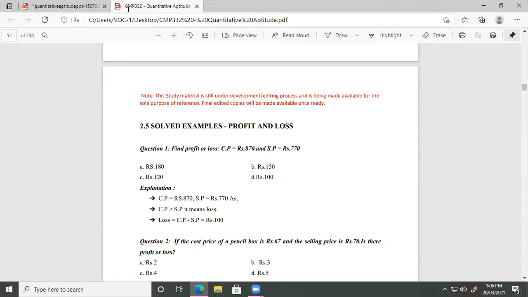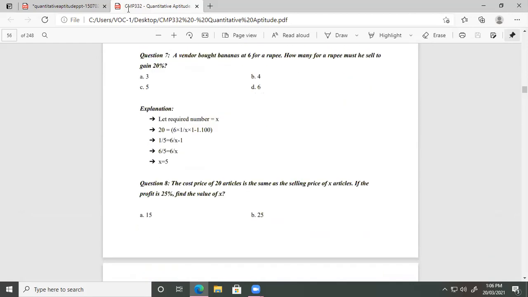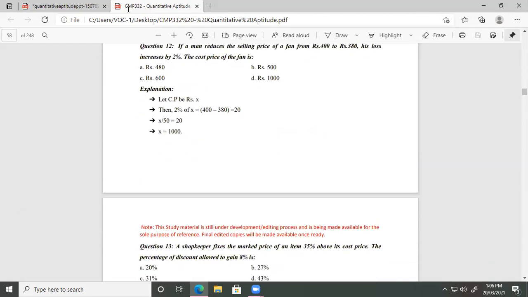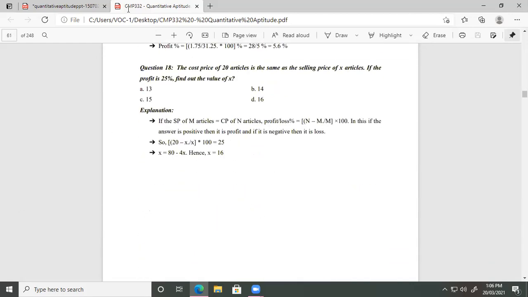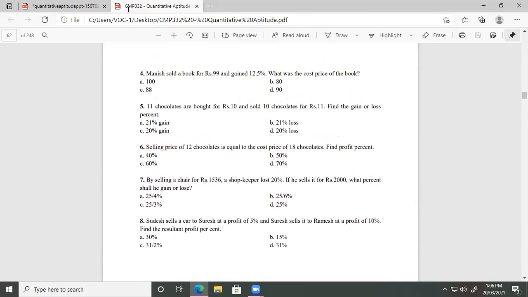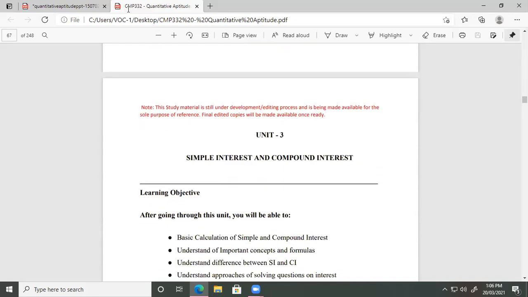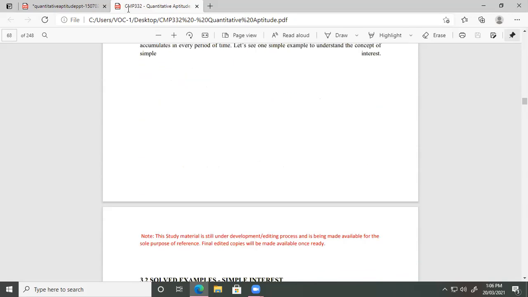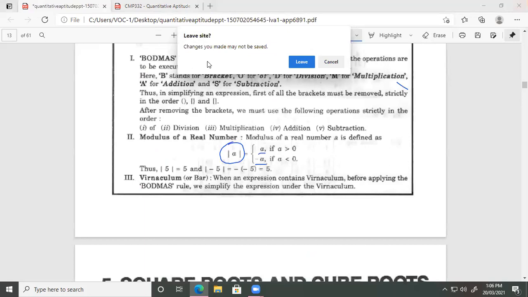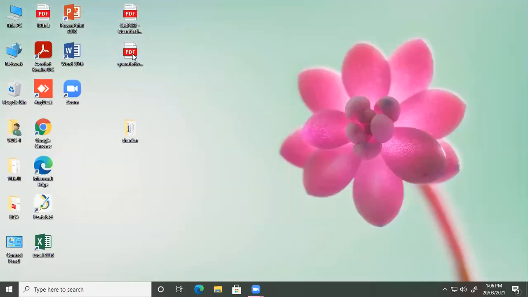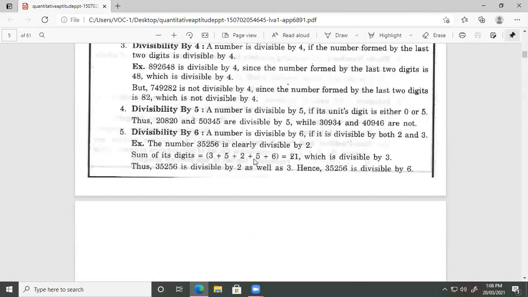So I think in this PPT there are no problems of simplification. So we will solve the basic problems of simplification.